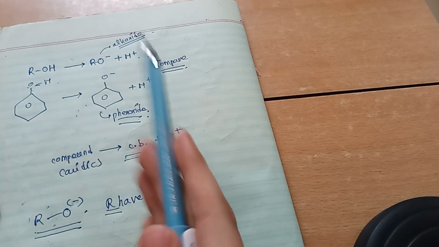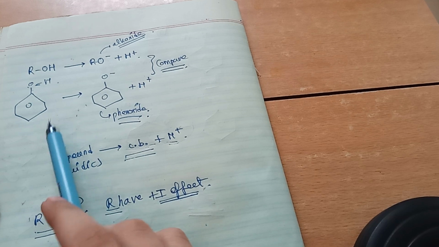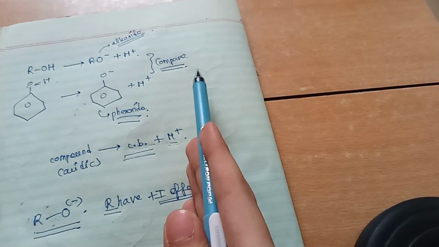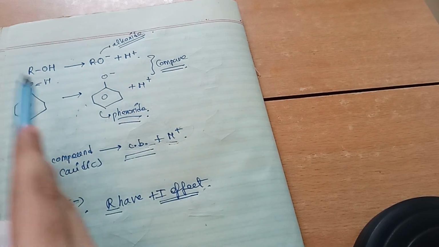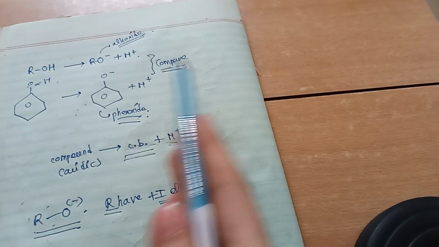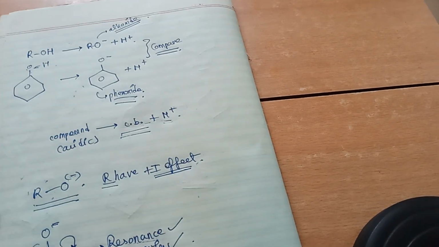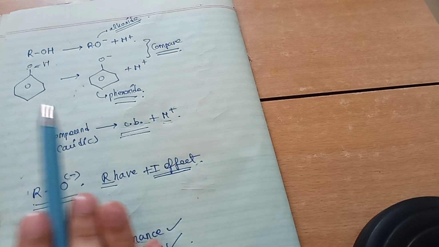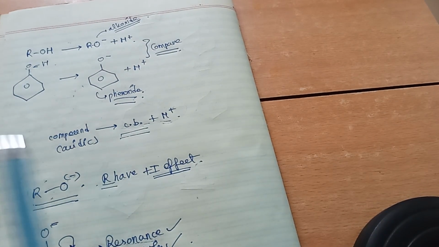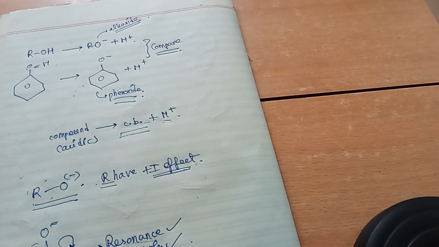Ethanol, methanol, propanol, any alcohol is always a weaker acid than phenol, because the conjugate base of phenol, that is phenoxide, is resonance stabilized, and the conjugate base of any alcohol, that is the alkoxide, it can be ethoxide, methoxide, anything, is not resonance stabilized. Instead, it is destabilized by the plus I effect and also hyperconjugation of the alkyl group, and so phenol is definitely more acidic.